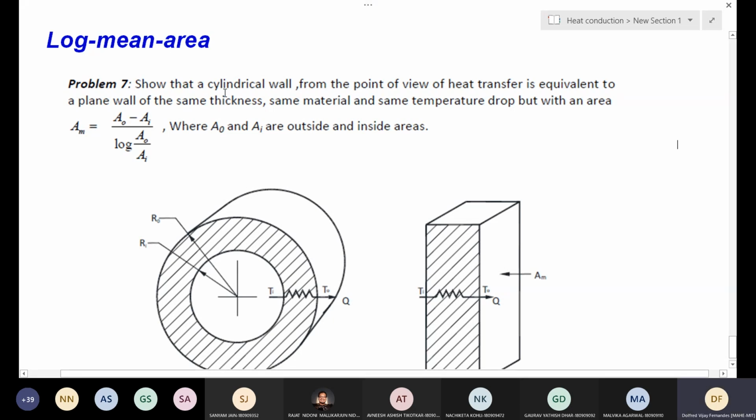So the question will be like this: show that the cylindrical wall, from the point of view of heat transfer, is equivalent to a planar wall of same thickness, same material, and same temperature drop, but with the area Am equal to A outer minus A inner divided by log of A outer divided by A inner. So this is nothing but log mean area.